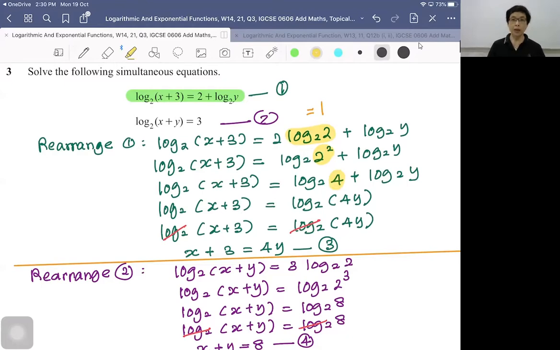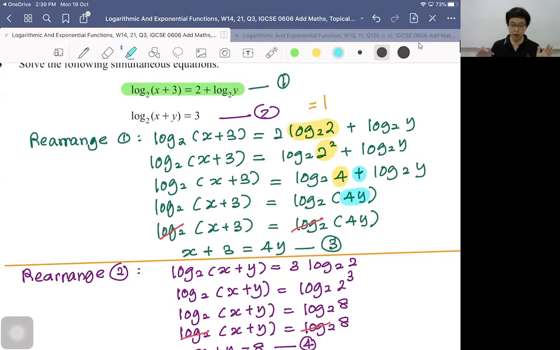The next step is we use the multiplication rule. As you have the addition here, we use the multiplication rule to convert that into 4 times y. Now we notice both sides of the equation are single logarithms.